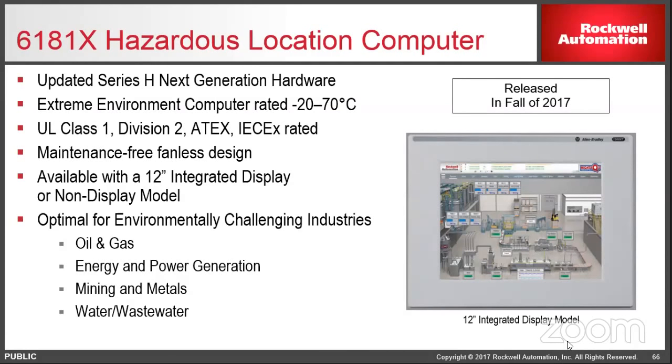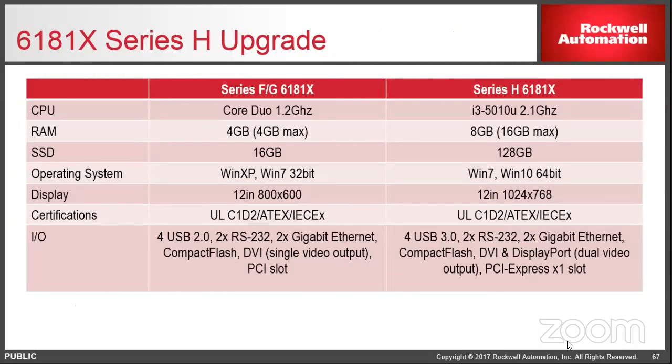So we took the system we had and went from a Core Duo to a relatively modern i3, with more RAM, more storage, more performance, and more operating system support, because we were limited to 32-bit operating systems before. Now we have 64-bit. We modernized it, but kept the things we knew worked well: the mechanical bezel, the power supply, all that stuff.